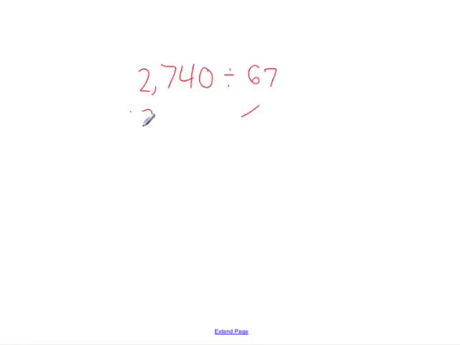So if I round this to 2800, and then I divide it by 70, I know that 28 divided by 7 is 4. And then I cross out a 0, I have 1 0 left. So my answer would be 40. And I know that 70 times 40 is 2,800. All right, you can get started on the independent practice.